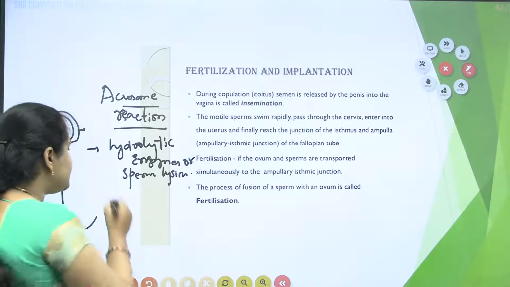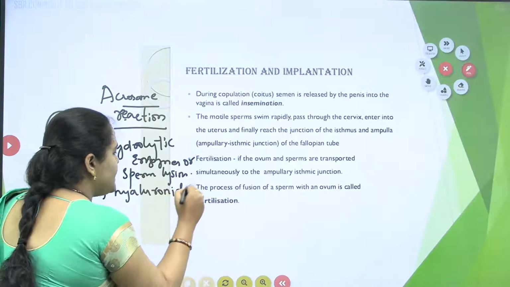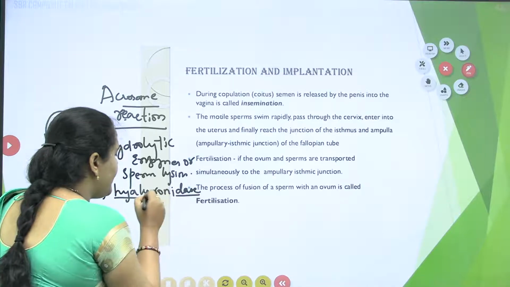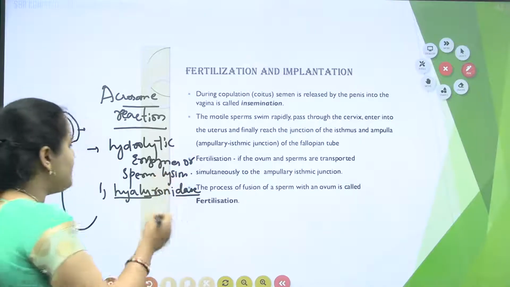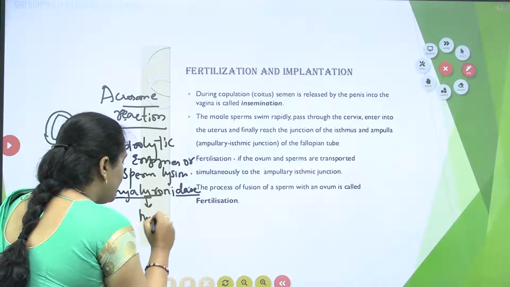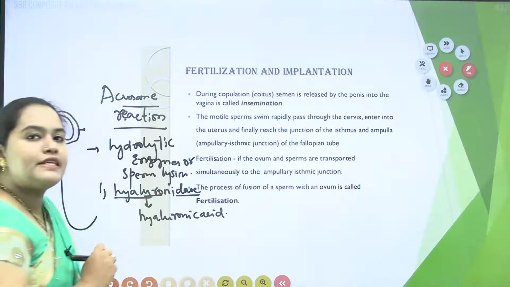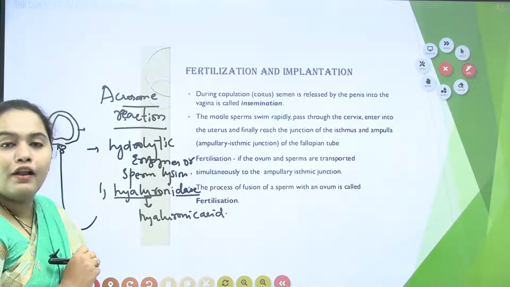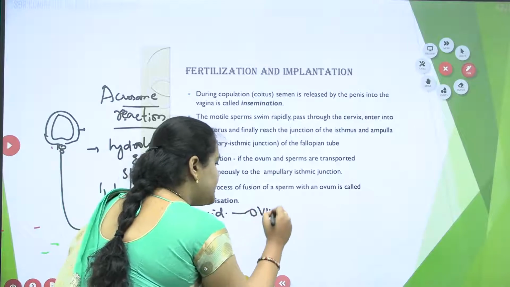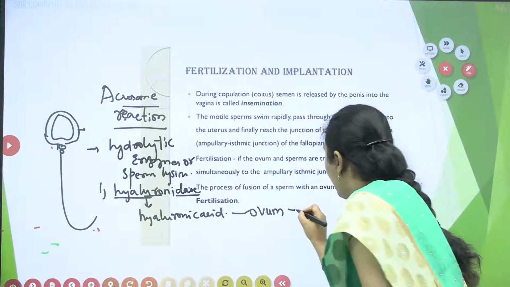Okay, so these enzymes are also called sperm lysins, and there will be three types of this enzyme. The first enzyme is the hyaluronidase. The suffix -ase means it is an enzyme. This enzyme will dissolve the hyaluronic acid. Where is the hyaluronic acid? It is there in the ovum, in between the follicular cells.